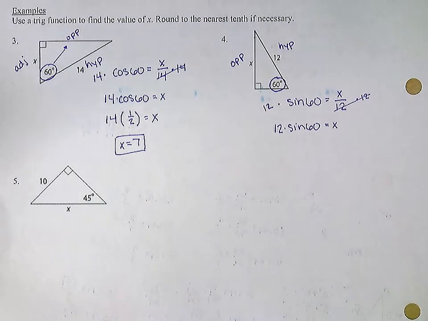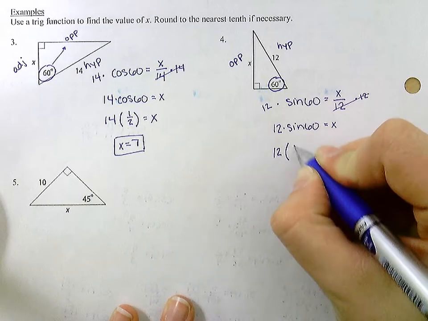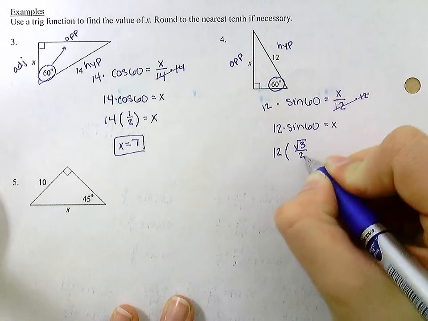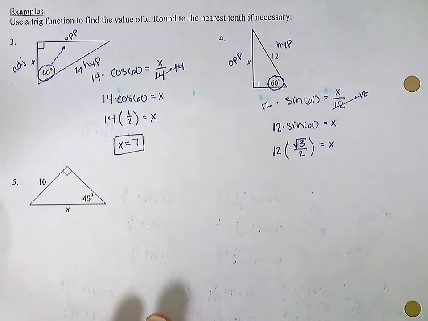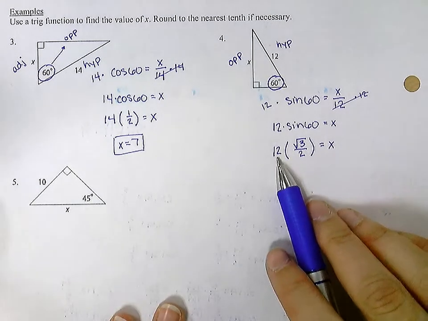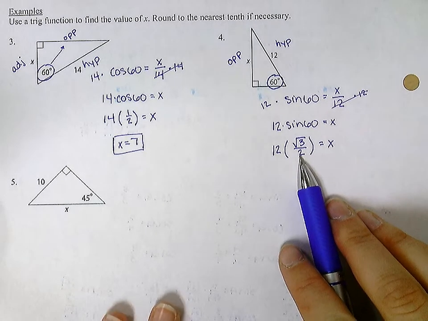Now in my chart above, it tells me what sine of 60 is. What is sine of 60 in the chart above for that 30, 60, 90 right triangle? Square root of 3 over 2. So I can replace sine of 60 with square root of 3 over 2. If I have 12 and then this 2 here, what happens to that 12?